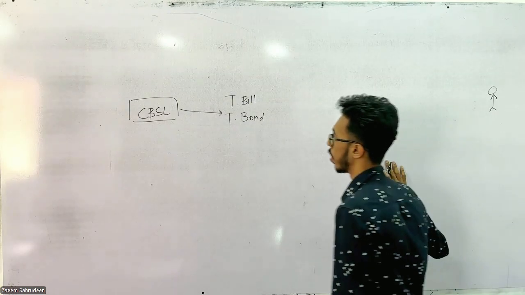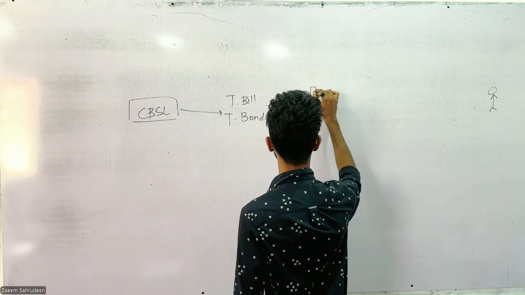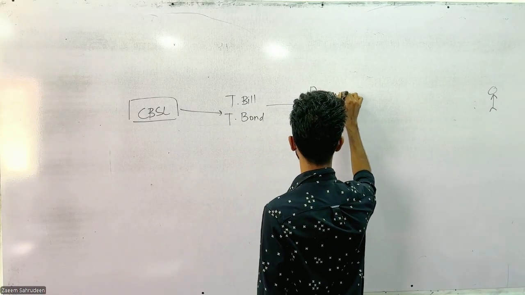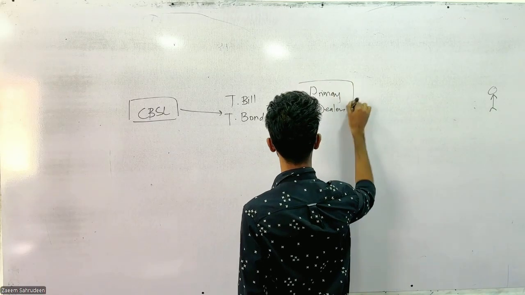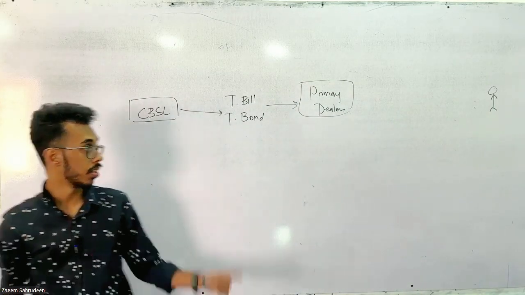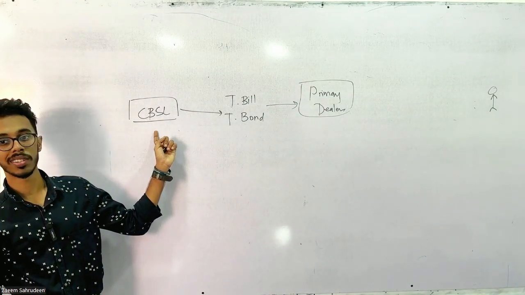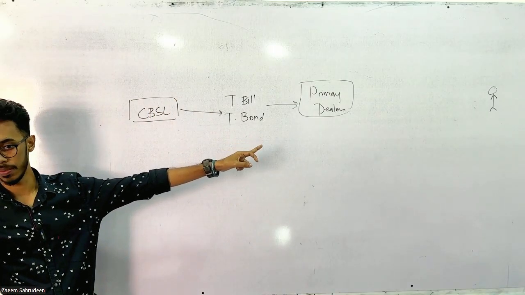They can be purchased only by the primary dealers. When the central bank issues treasury bills and bonds, the primary dealers purchase them.